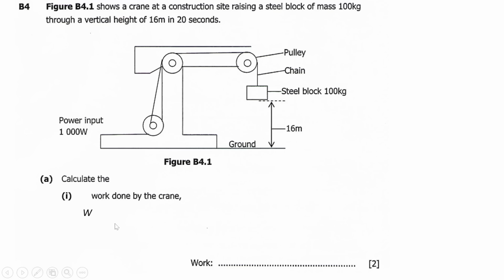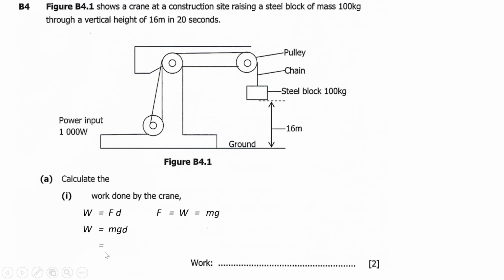Okay, you must know that work is equal to force times distance. When we check here, there is no force given, but we know that force is equal to weight, and weight is equal to mass times gravity. So we are going to substitute: work is equal to mass times gravity times distance.